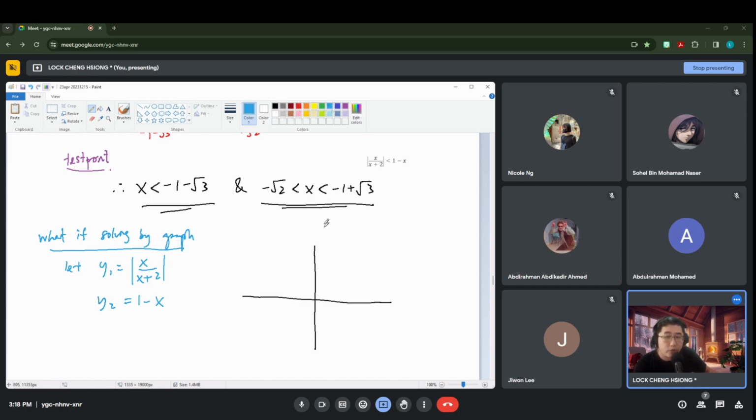By using graph transformation, okay, y equals x over x plus 2. This is a P1 graph. So you have a minus 2 here. Okay, when substituting x with a large number, it goes to 1.